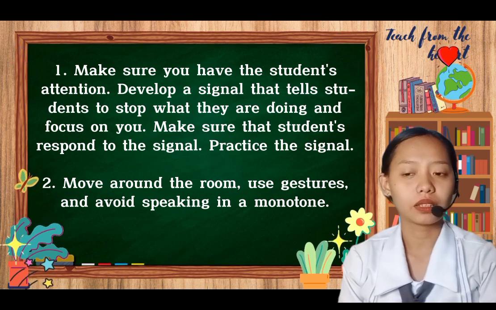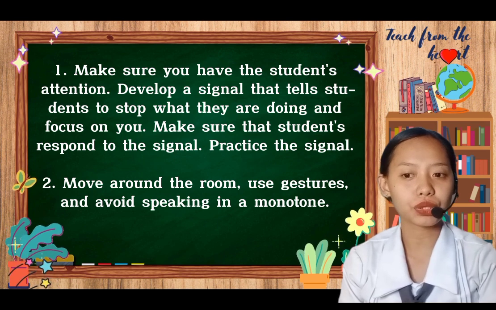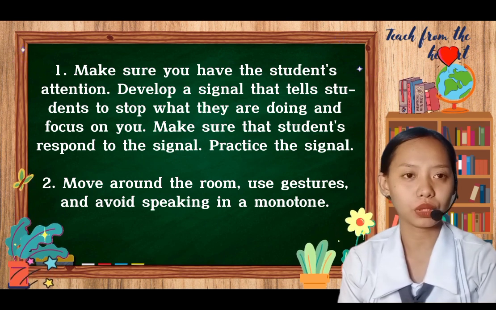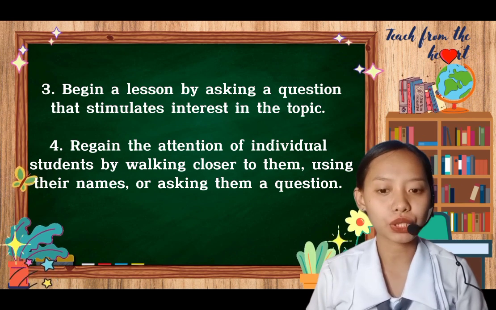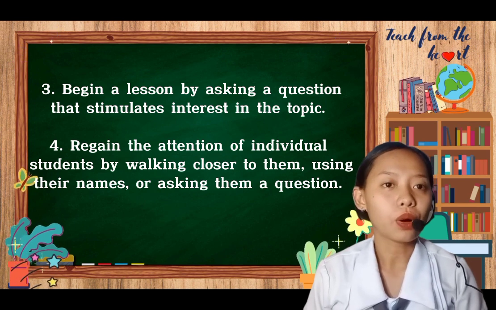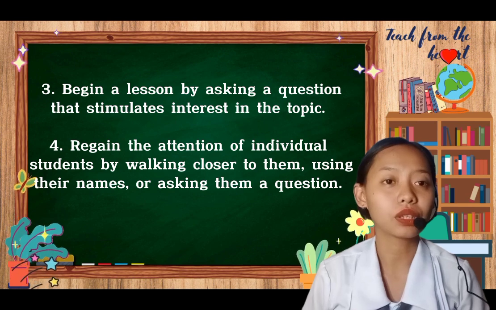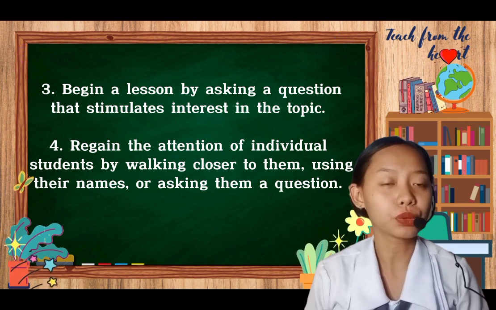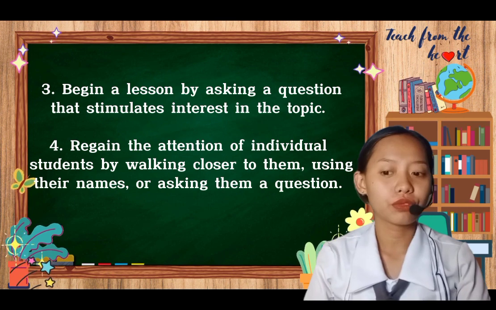Practice the signal. Number 2. Move around the room. Use gestures and avoid speaking in a monotone. Number 3. Begin a lesson by asking a question that stimulates interest in the topic. So before you start your discussion or your lesson, you will first ask your students if they have an idea about that topic. Number 4.